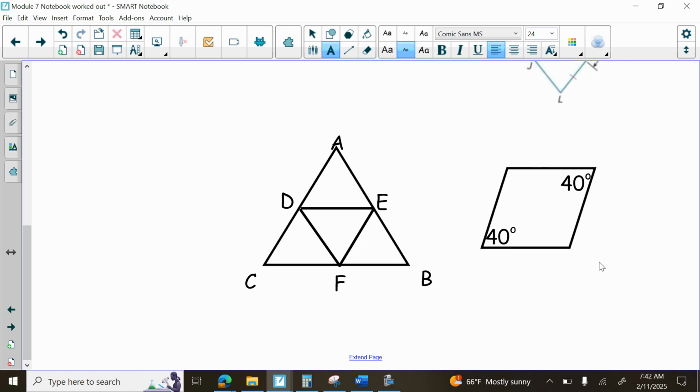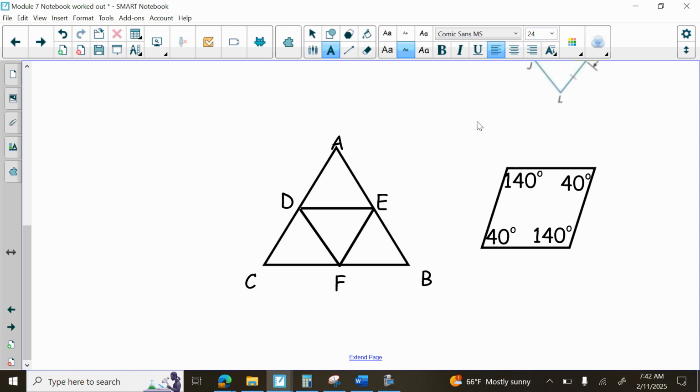Any questions about that? Also, consecutive angles are supplementary. So this angle would be 140, because what's 140 plus 40? 180. And if that's 140, what's the angle up here? 140. Okay. You guys go over that in middle school?